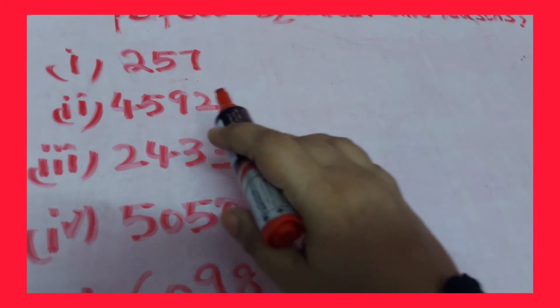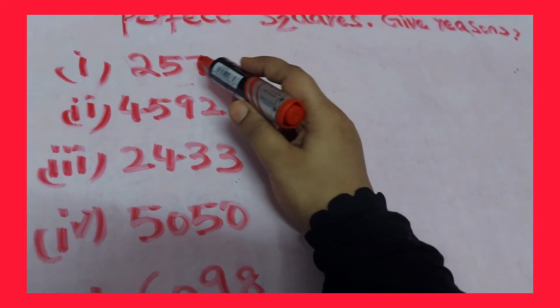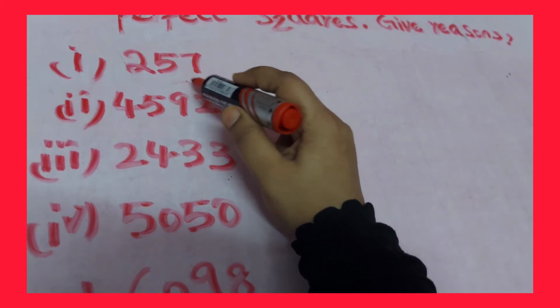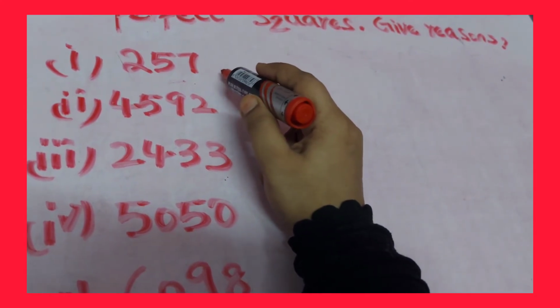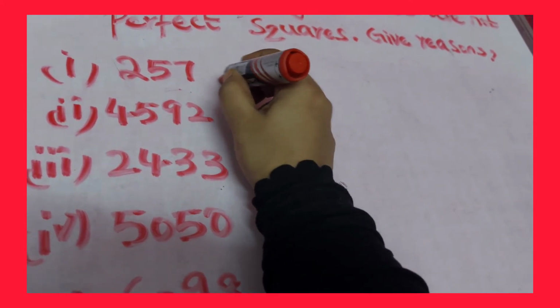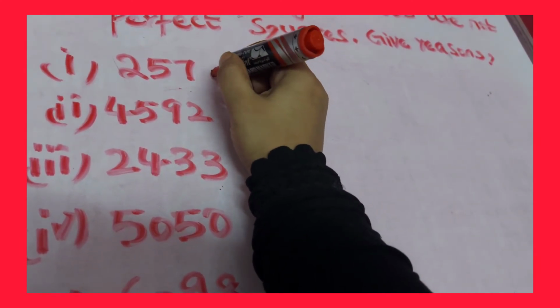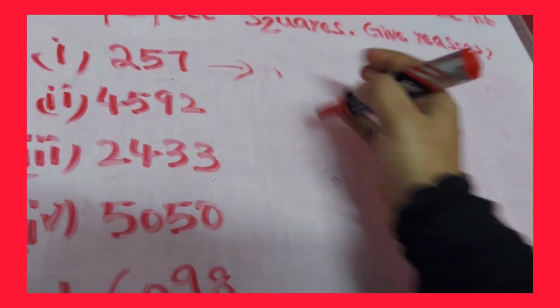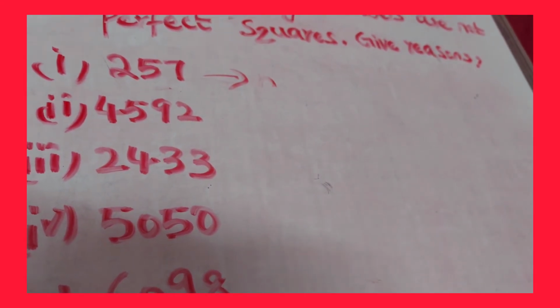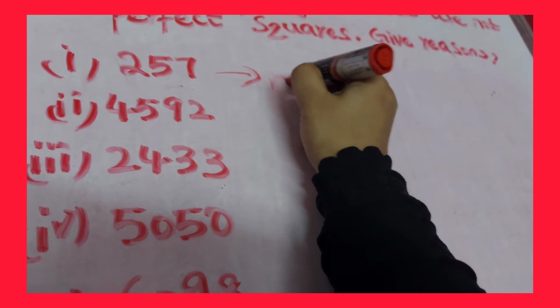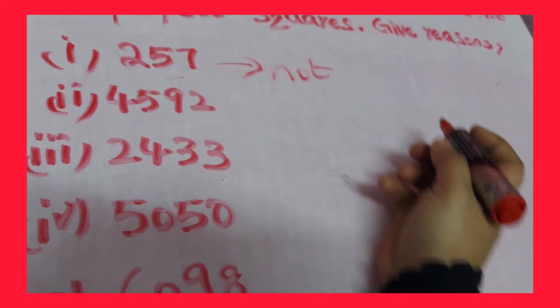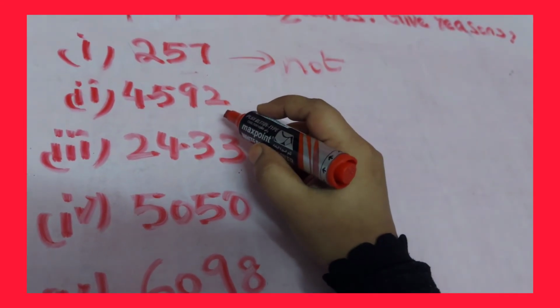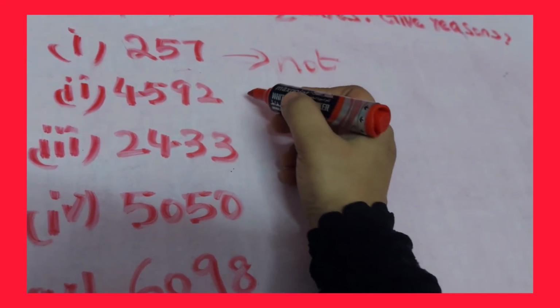So we'll start with 257. Here 7 is there at the units place, so it is not a perfect square. Unit digit is 7 here, so you have to write not a perfect square. Here 2 is there, so 2 means it is also not.